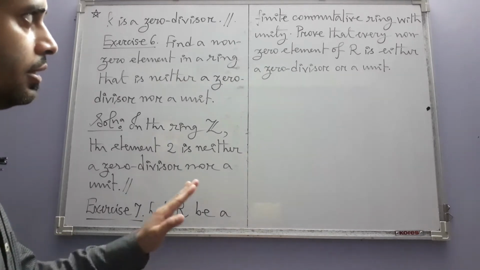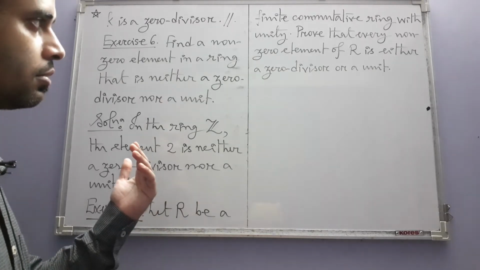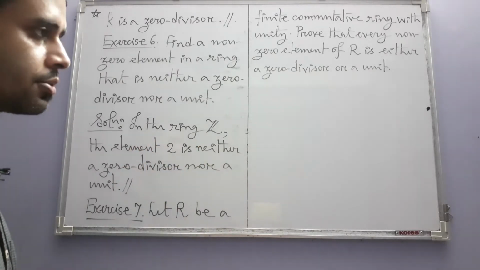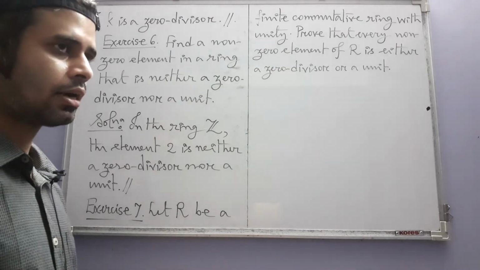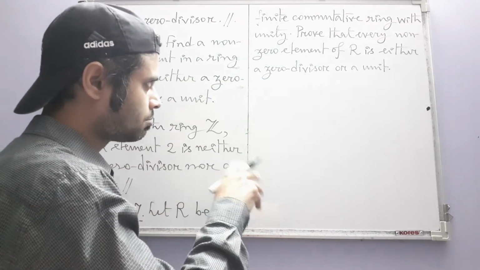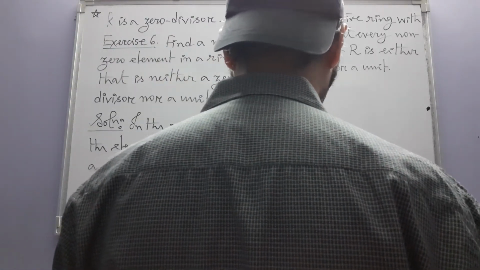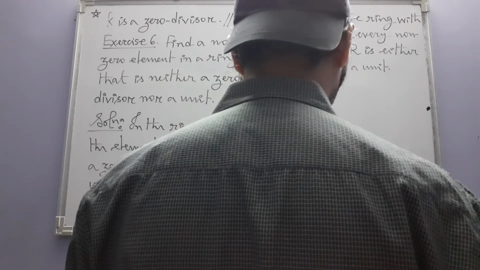In general, any finite commutative ring with a unit element must be like this. So the Zn's in particular are also finite and commutative and they have unit element. So this is more general than that. And in this type of rings also that same thing happens.